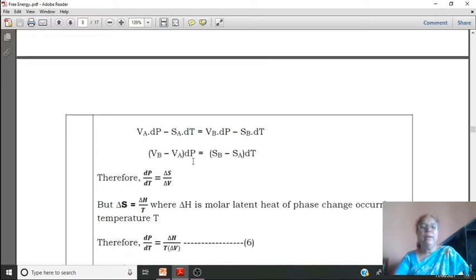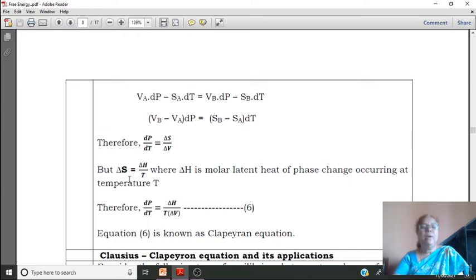Therefore, we can write dP by dT equals delta S by delta V. The significance of this equation is the rate of change of pressure with temperature, or the effect of pressure on the melting point or boiling point of the process, and it is equal to delta S by delta V.